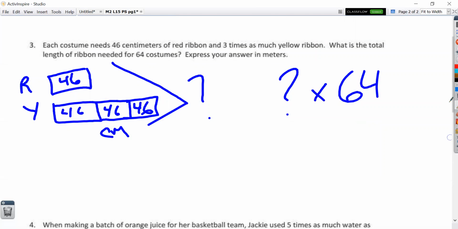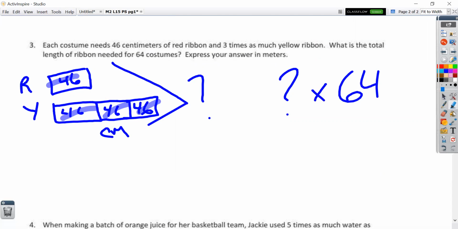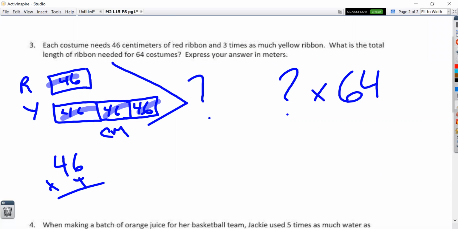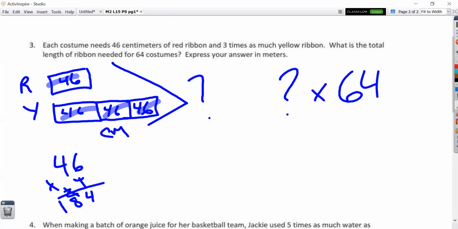Well, 46, and then let's first start figuring out how many centimeters for every costume we need. We have 4 46s, so let's go ahead and multiply 46 times 4 real quick. So that's 24, 4 times 4 is 16, 18. So we know we need 184.